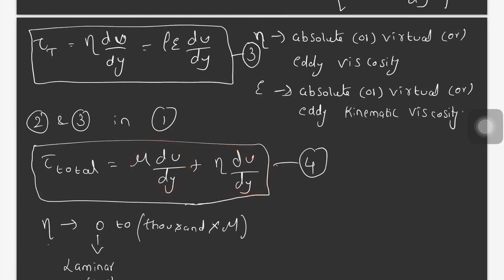Which means from this what you can say is, we all know mu is a fluid property. Mu is a fluid property. It doesn't change, as far as our fluid mechanics problems are concerned. Mu only changes when there is a change in temperature.